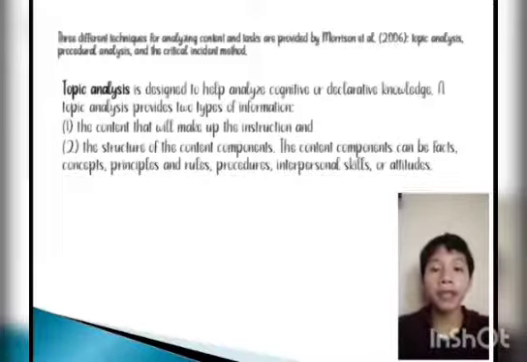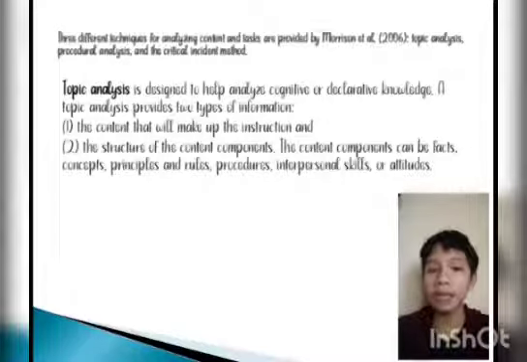Three different techniques for analyzing content and tasks are provided by Morrison et al. 2006: topic analysis, procedural analysis, and the critical incident method. Topic analysis is designed to help analyze cognitive or declarative knowledge.